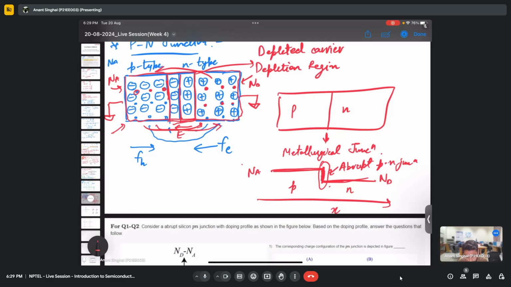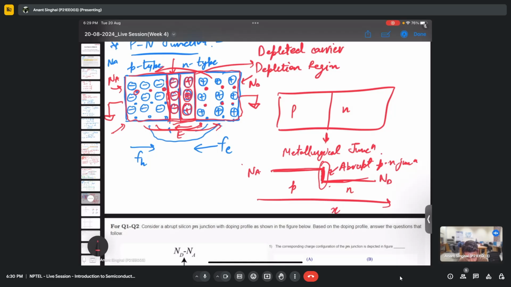Once it stops, we are left at the junction with some of the acceptor ions in the P region and some of the donor ions in the N region. This is what we call the depletion region. Why?